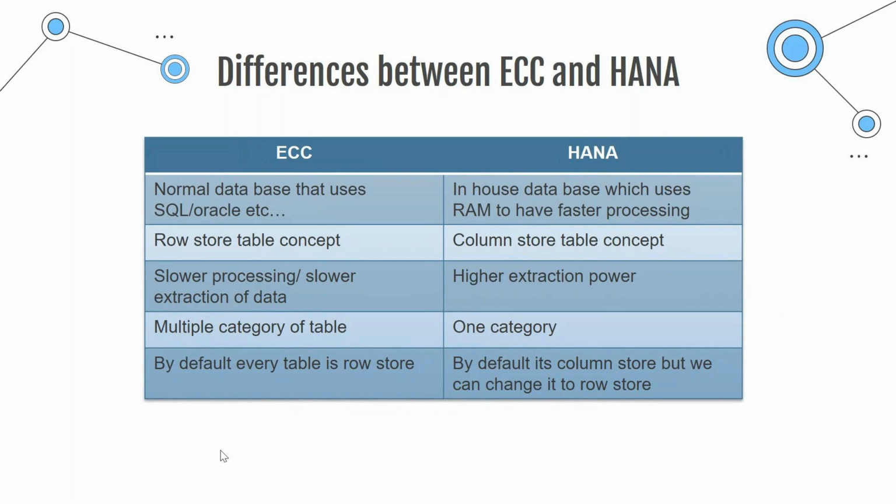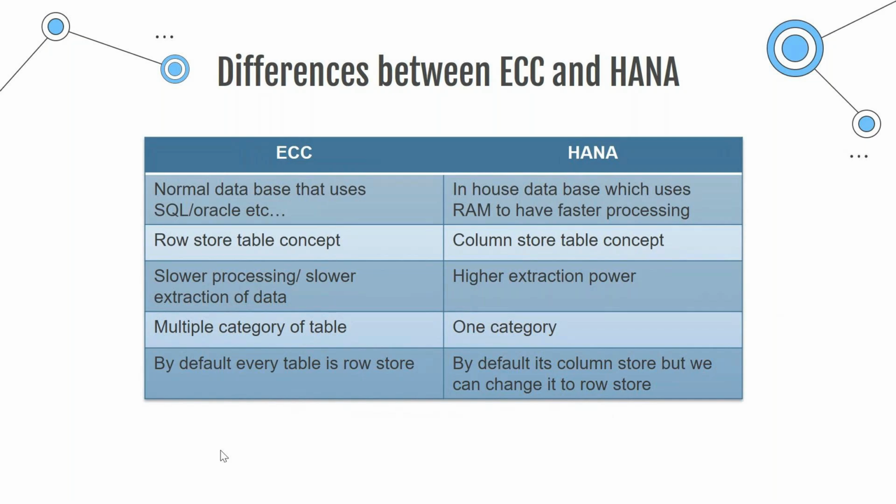So in the ECC system, we have a row store table concept. Row store means the search will happen in a horizontal manner. Whenever we want to pull data from database tables, the search will happen horizontally, left to right. Whereas in a column store table, the search will happen in a vertical manner, top to down, column-wise.